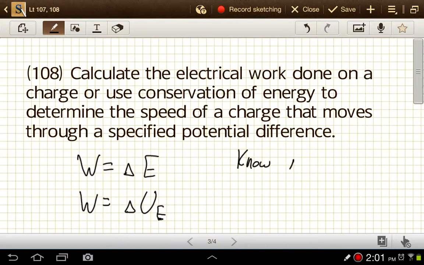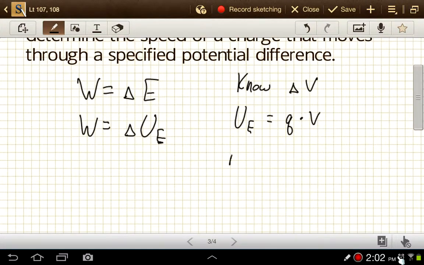So we'll know delta V. We also know that the electric potential energy is equal to Q times V. So if we want to find the change in electric potential energy, that would be Q times the change in V. That's just Q times the voltage, or times the potential difference.